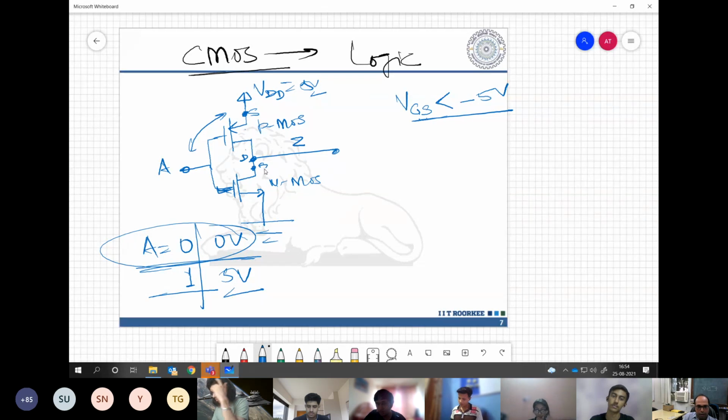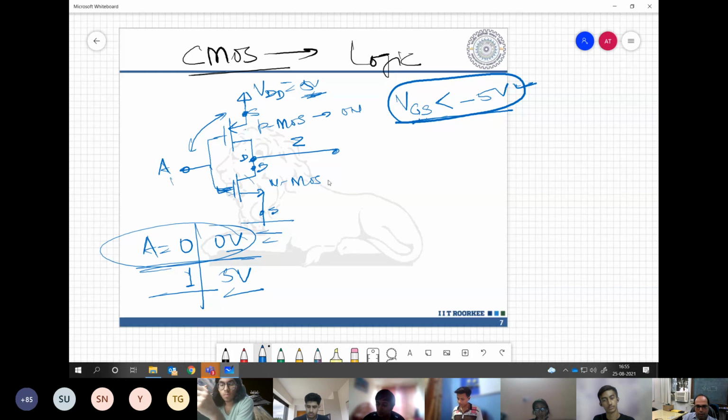For the NMOS, the drain is here and source is here. So whenever you are applying 0 volts at the gate, your VGS voltage is becoming how much? -5, because your source is at 5 volts. And with the negative voltage, this PMOS device will turn on. And with the 0 voltage at the NMOS device, this will be off. So the output will be the inverted A.